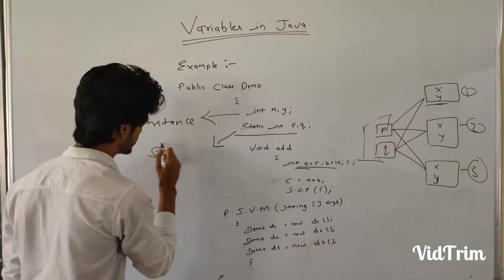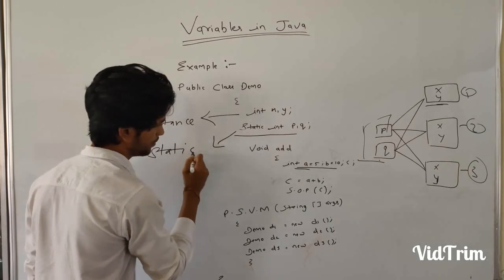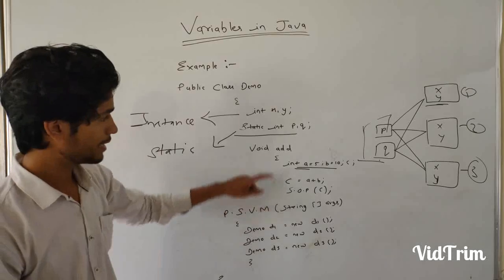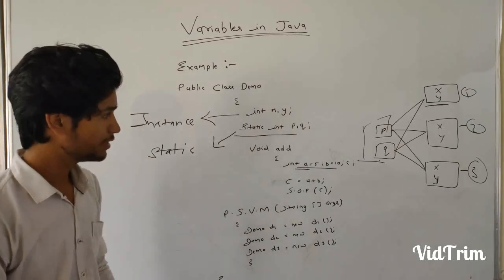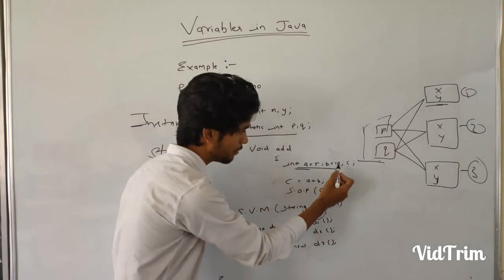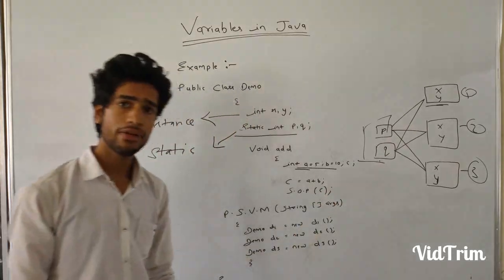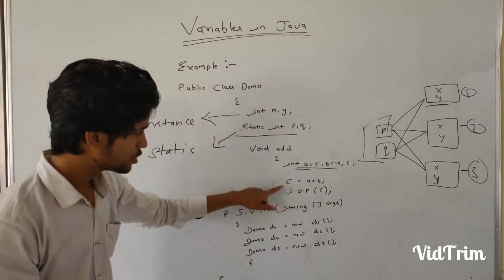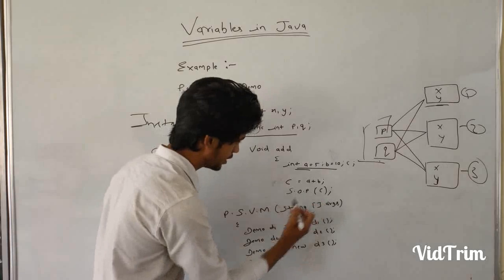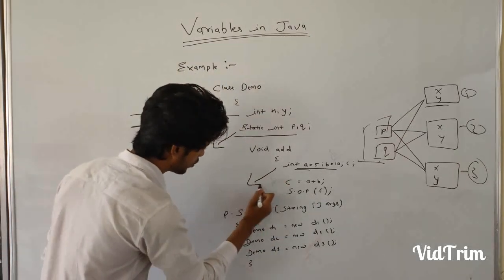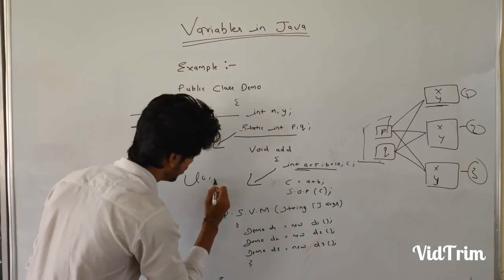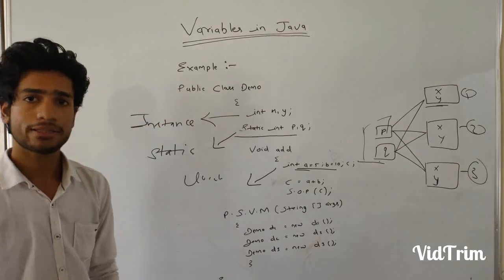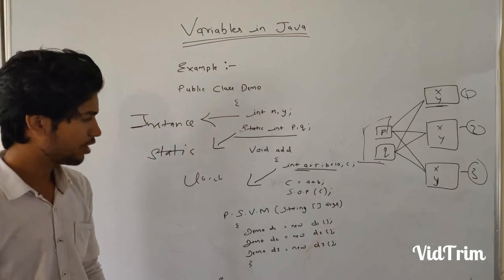And we make a method, void a, in which int a equal to 5, b equal to 10 and c, and we give a plus b equal to c. So system output c. That's why they are called local variables, because they are declared in a method.